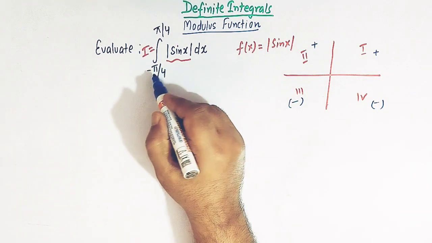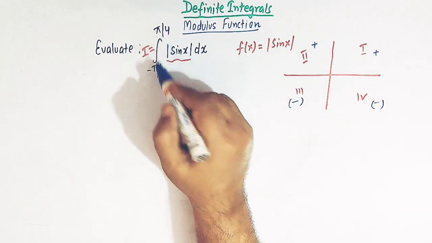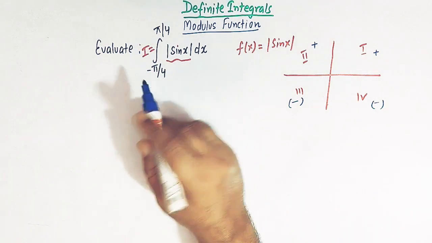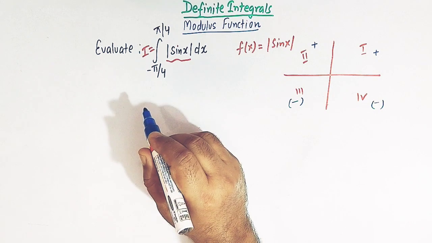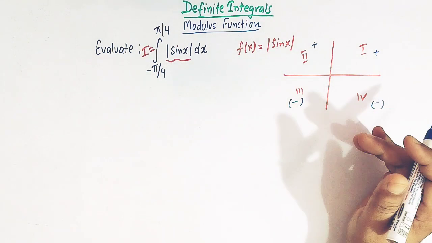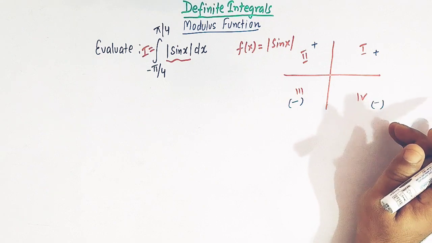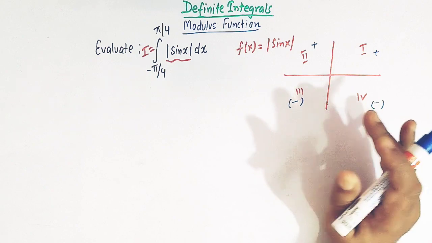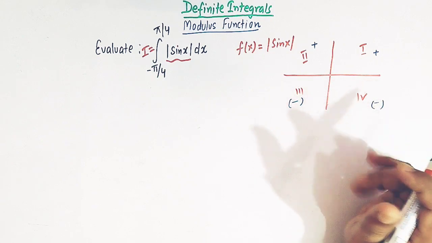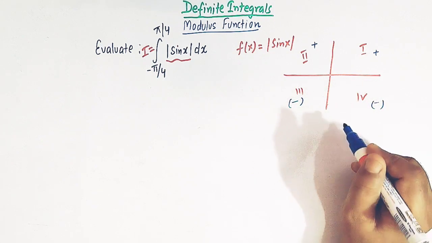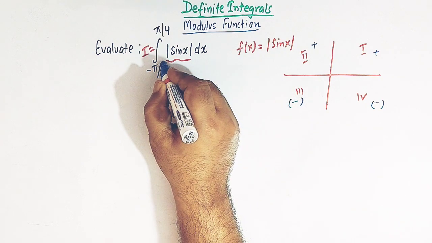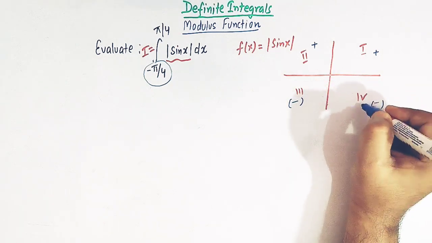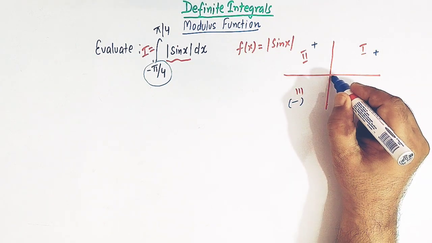Here we have to integrate from minus pi by 4 to pi by 4. When we measure an angle in trigonometry in the anti-clockwise direction, the angle is positive, and when we take the angle in the clockwise direction, it is negative. So this angle minus pi by 4 lies in the fourth quadrant. This is an important step.